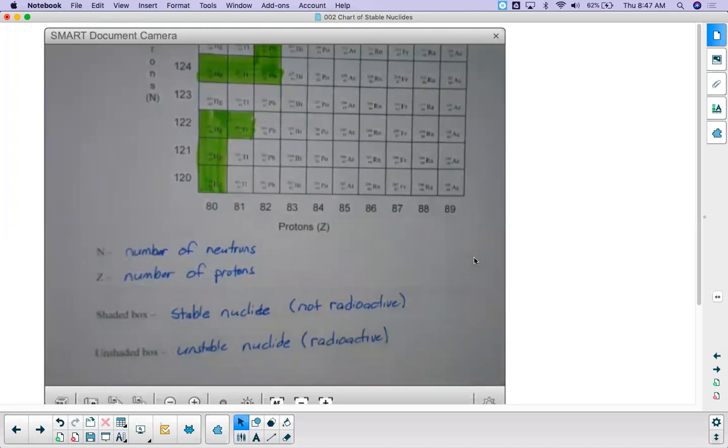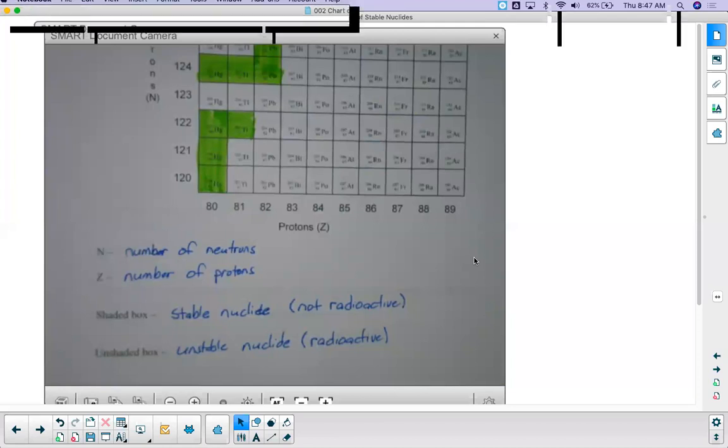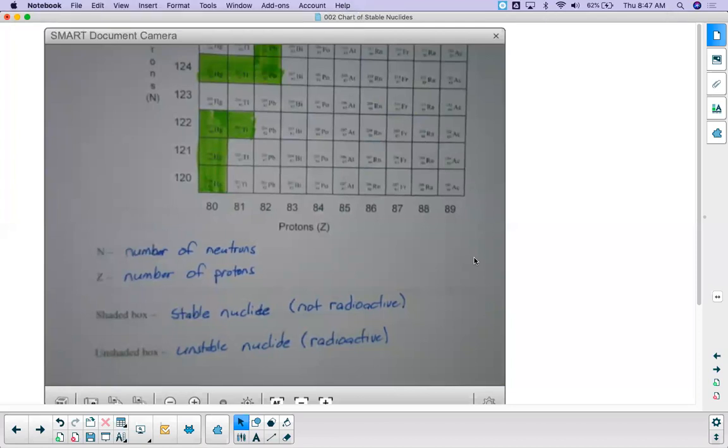Something that's radioactive. Bam, we just defined radioactive. Something is radioactive if it has a not good number of protons and neutrons. There's something wrong with the number of protons and neutrons.